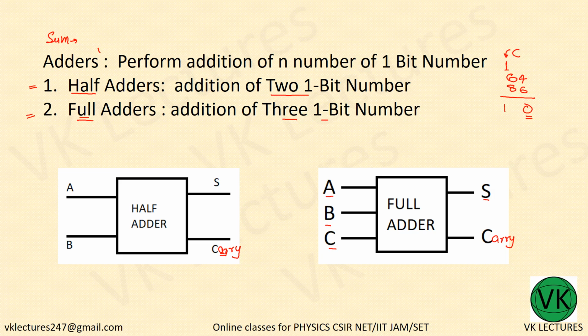Then 1 plus 6 plus 8 is 15, so I will write 5 here. Again 1 goes as carry, so the new carry is 1. So that is the function of carry.